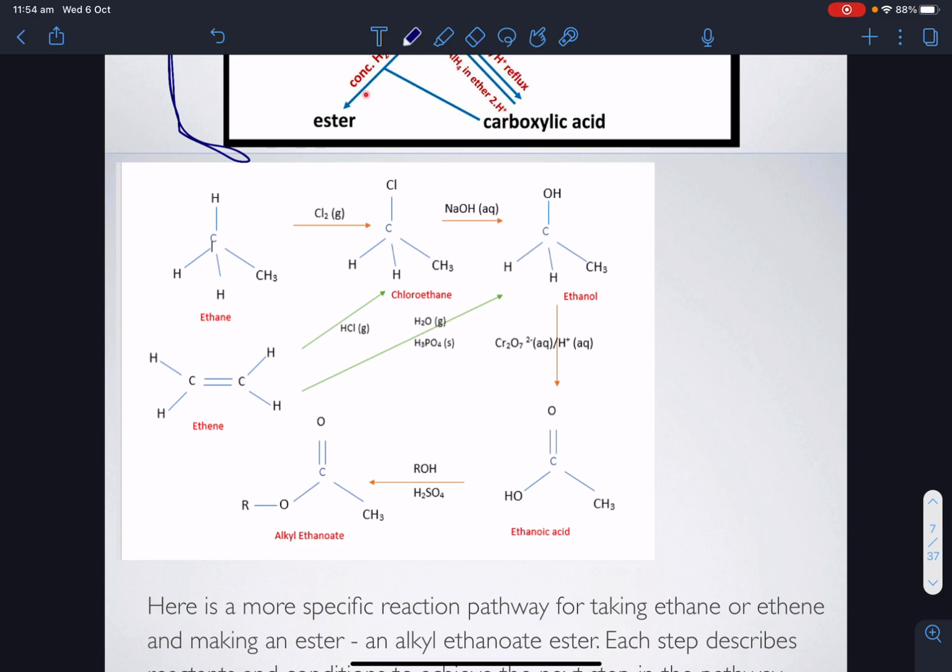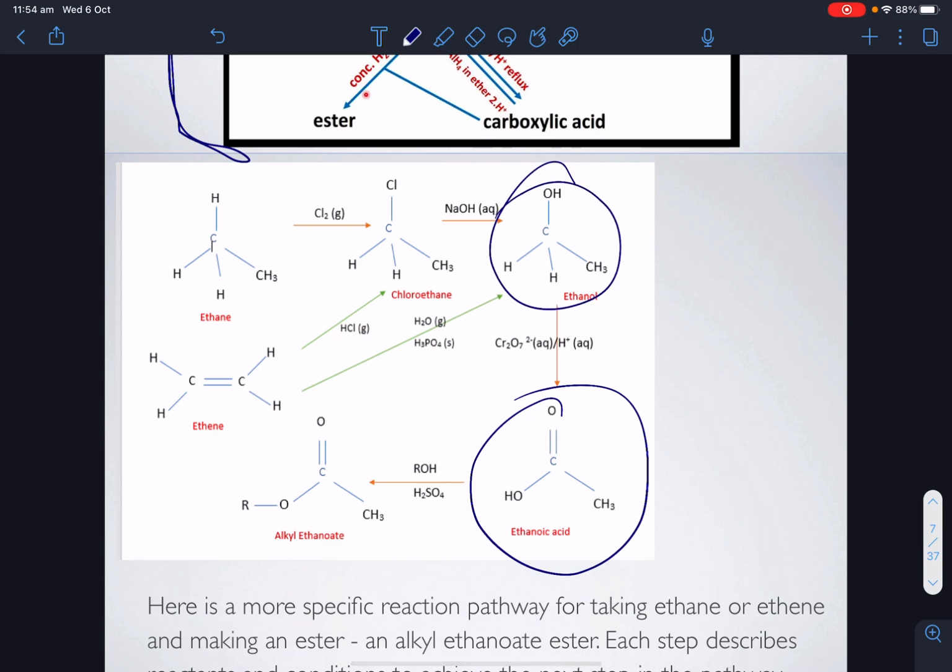working backwards, they've gone, oh, I need ethanoic acid to do that, and I need some kind of alcohol as well. So they made the ethanoic acid from ethanol, and they oxidized it, okay? And they made the ethanol from a substitution reaction, yeah?